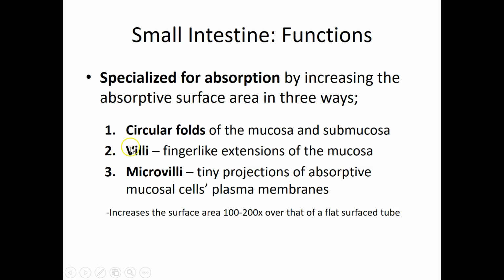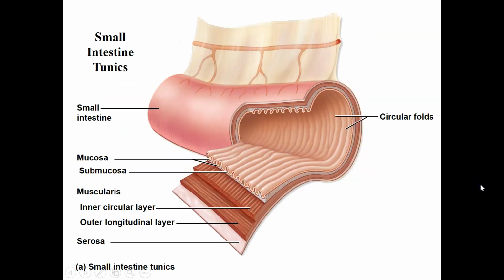There are villi, which are finger-like extensions of the mucosal membrane, also extending in. And then at the microscopic level, there are microvilli, which are projections from the surface of the mucosal epithelial cells. So let's take a look at each of those and how they increase the surface area.